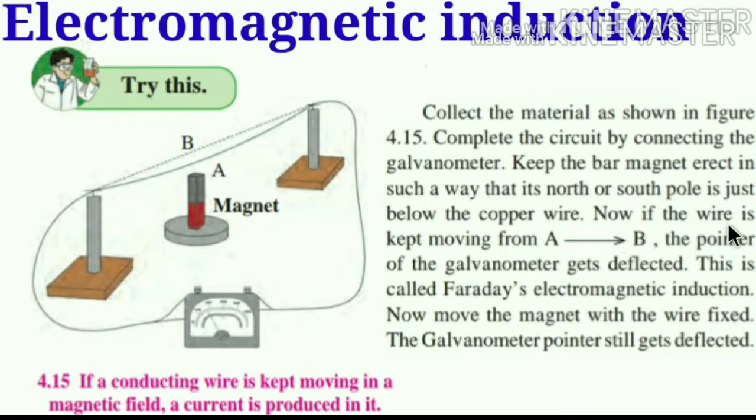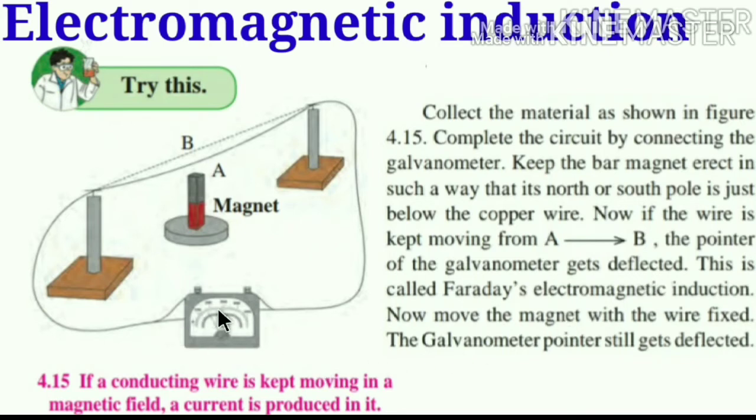Now the wire is kept moving from A to B. First, this wire is kept moving, from A to B like this. When the wire moves to point B, the pointer of the galvanometer gets deflected.